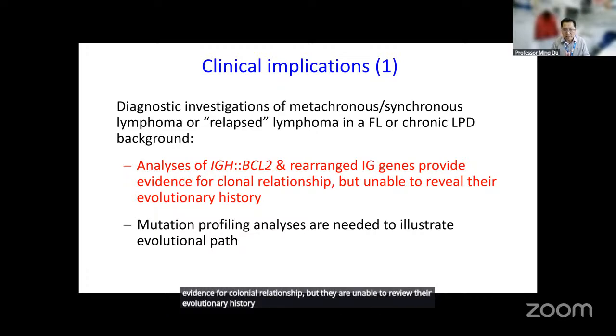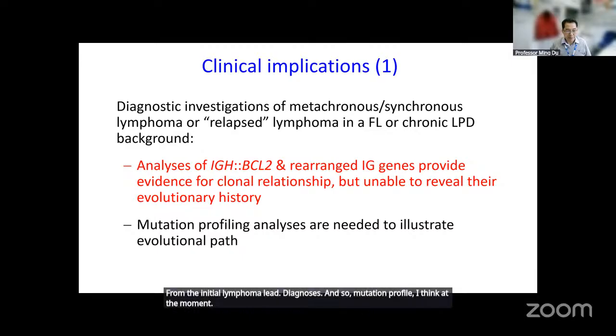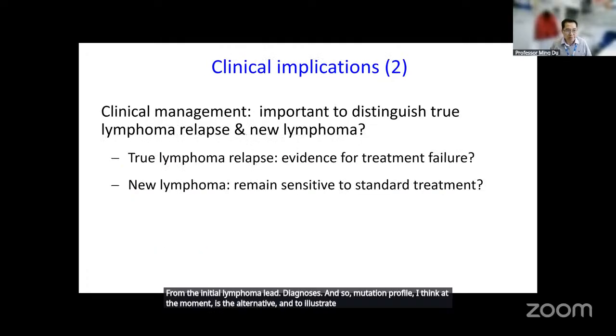Therefore, it is unable to illustrate whether they are new lymphomas or truly lymphoma relapse from the initial lymphoma diagnosis. And so mutation profiling, I think, is at the moment the alternative to illustrate this evolution path.